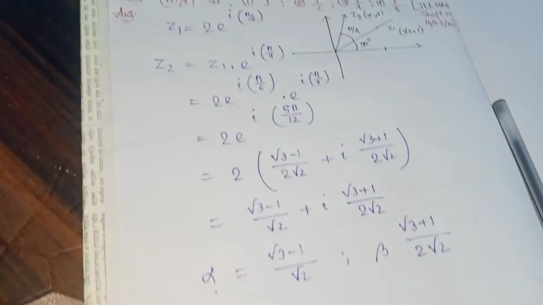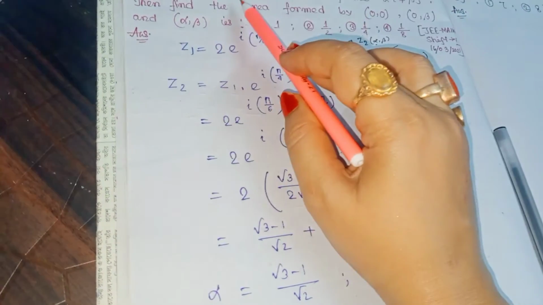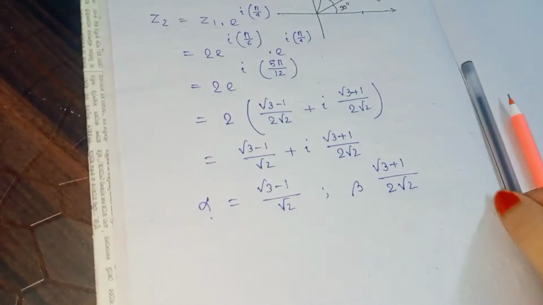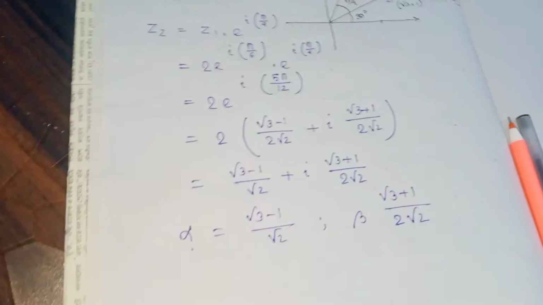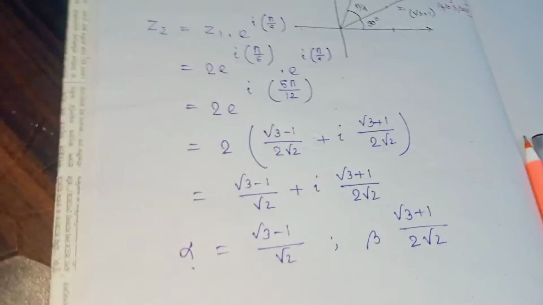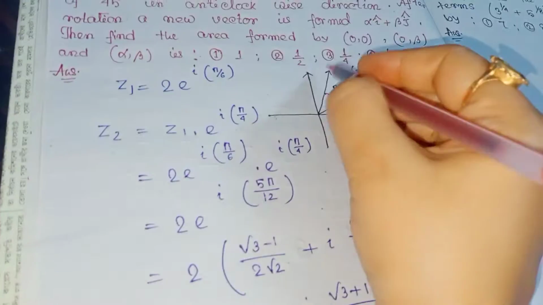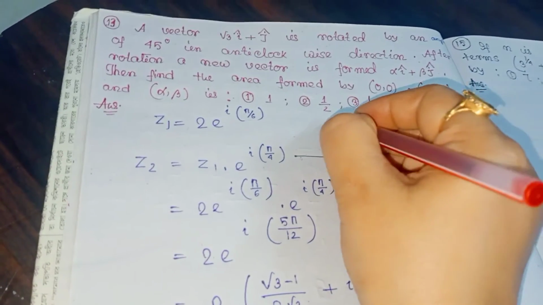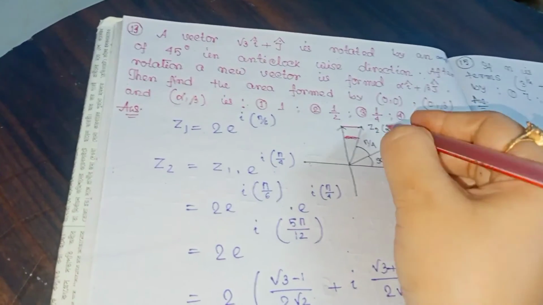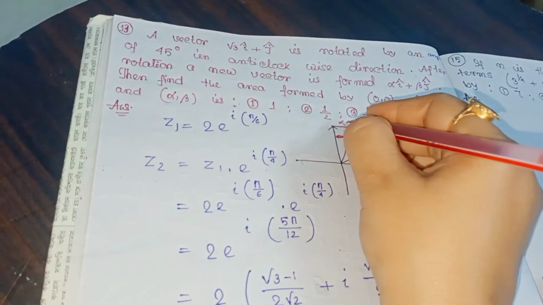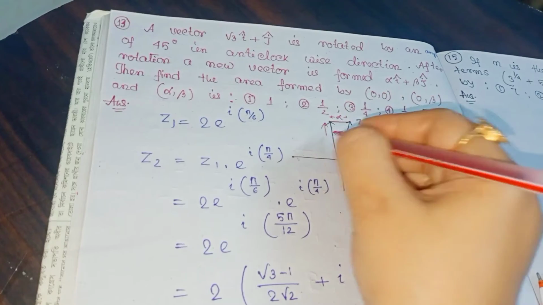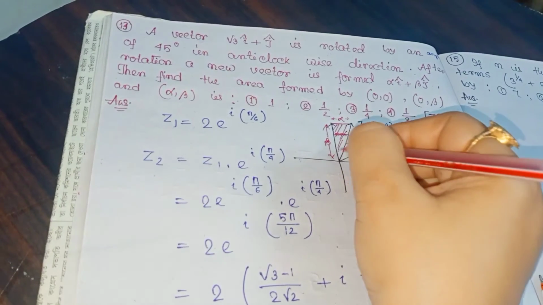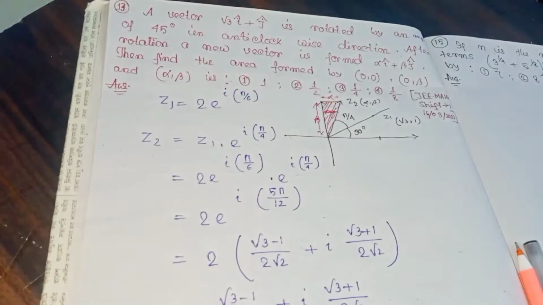Now after rotation the new vector formed is alpha i cap plus beta j cap, and we should find the area. So this one is alpha and this is our beta. We should calculate this area.